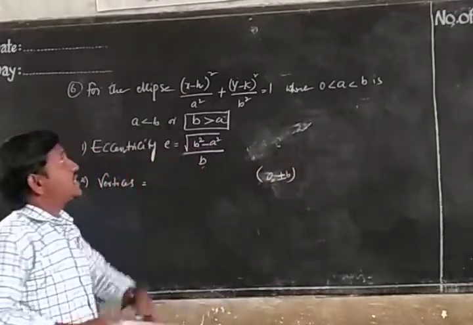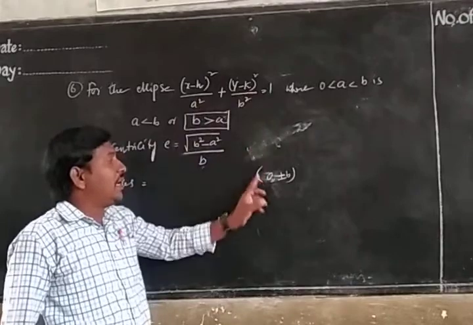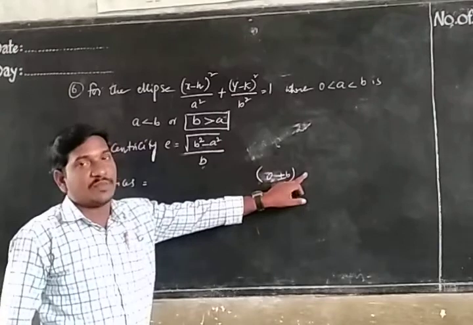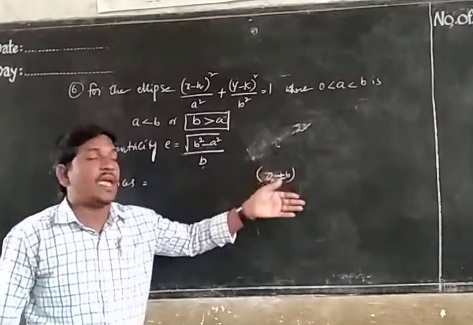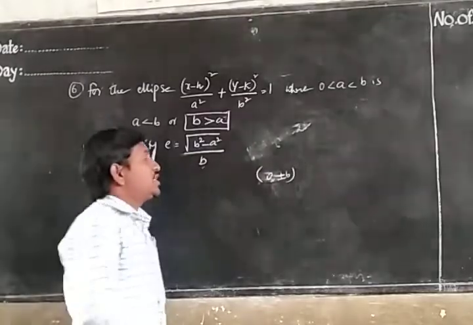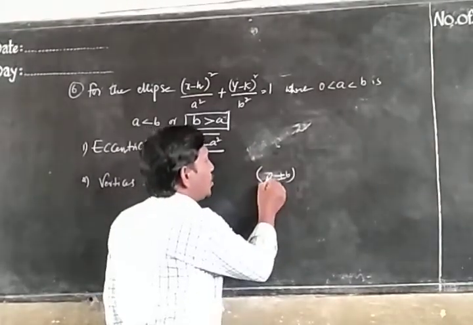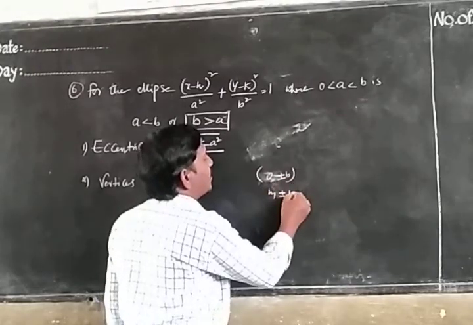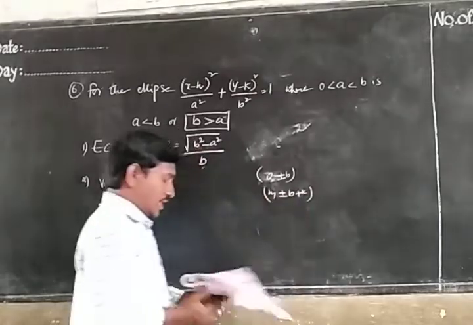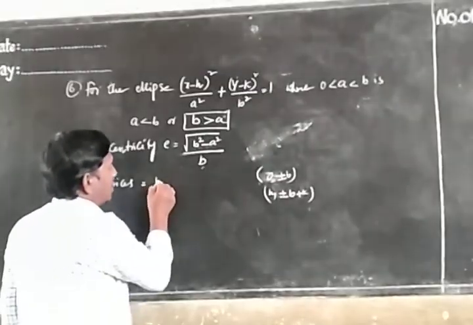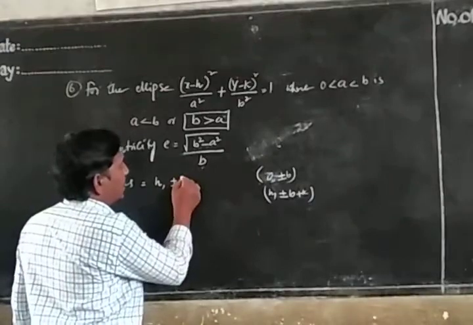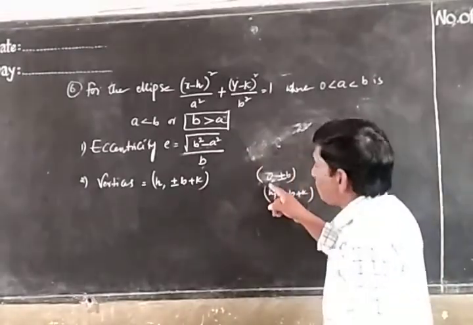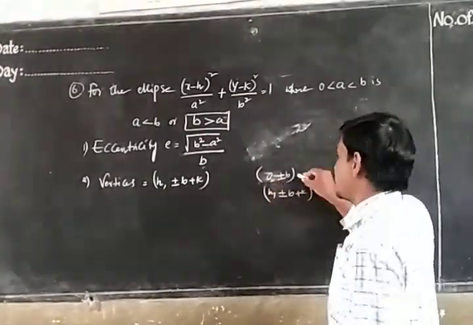For x square by a square plus y square by b square, the vertices are 0 comma plus or minus b when 2b is the major axis. Here h comma k should be added to the coordinates of x and y. So add h to 0, and plus or minus b plus k. So the vertices are h comma plus or minus b plus k. Why? Because h comma k should be added to the coordinates 0 comma plus or minus b.